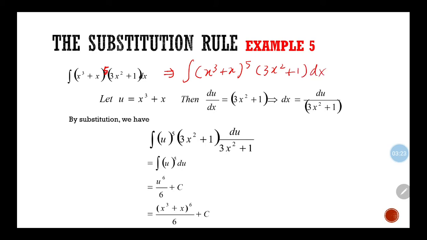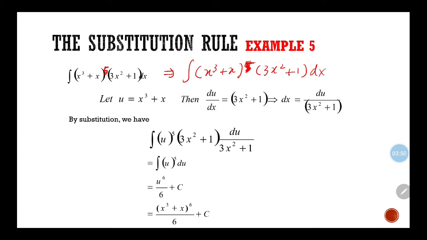Alright, so for this function, kalau you nak try to integrate directly, kalau lah ni tak ada power of 5, it's fine, you boleh darab masuk and then expand, lepas tu you integrate. But now the problem is, here is power of 5, there's no way kita nak expand ni power of 5 dulu, lepas tu darab dengan 3x squared plus 1. It's going to be very hard work lah.